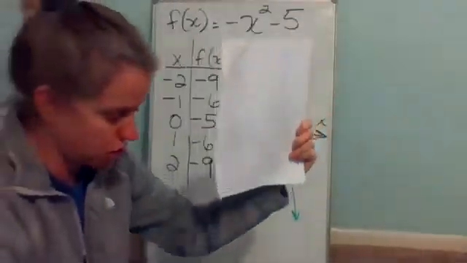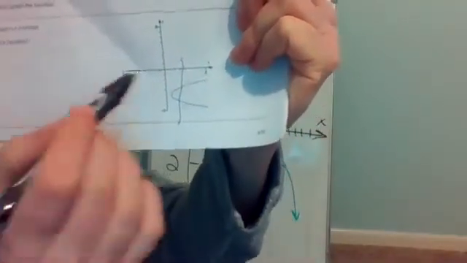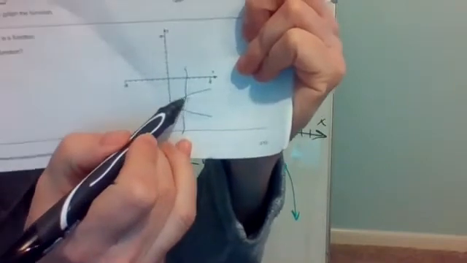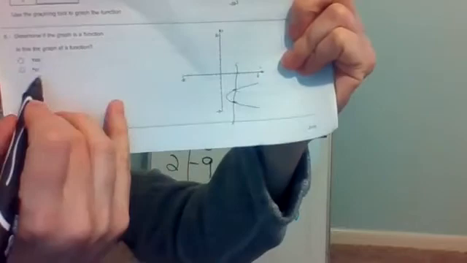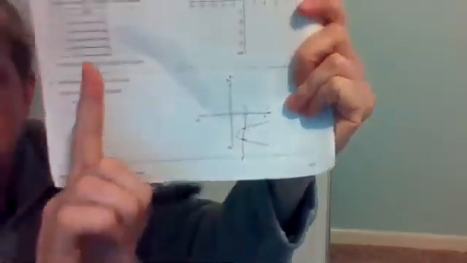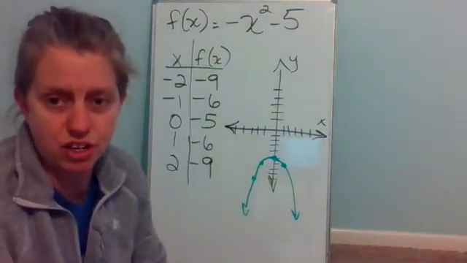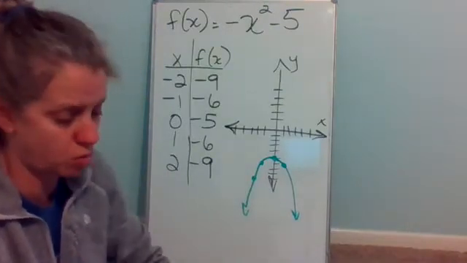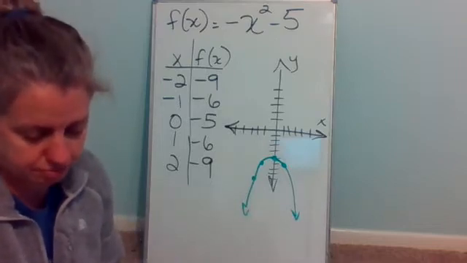It's the vertical line test, which means if you draw a vertical line, which is the one that goes straight up and down, and you can touch it more than once, which I do here and here, that means it is not a function. You can only touch it one time for it to still be a function. If you can touch it more than once, then it is not a function.